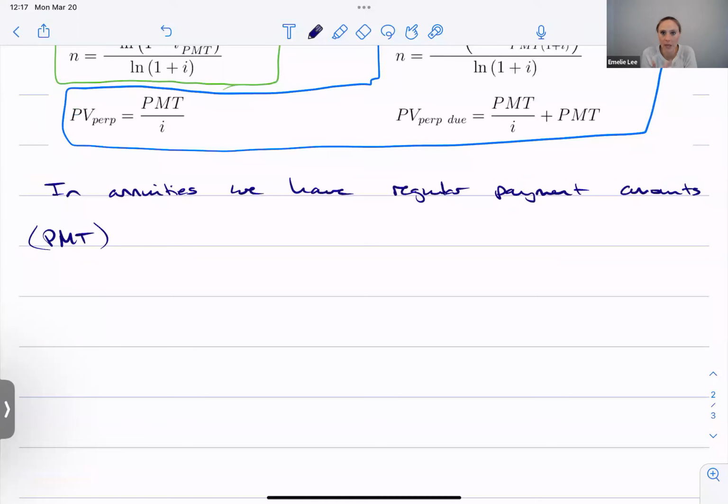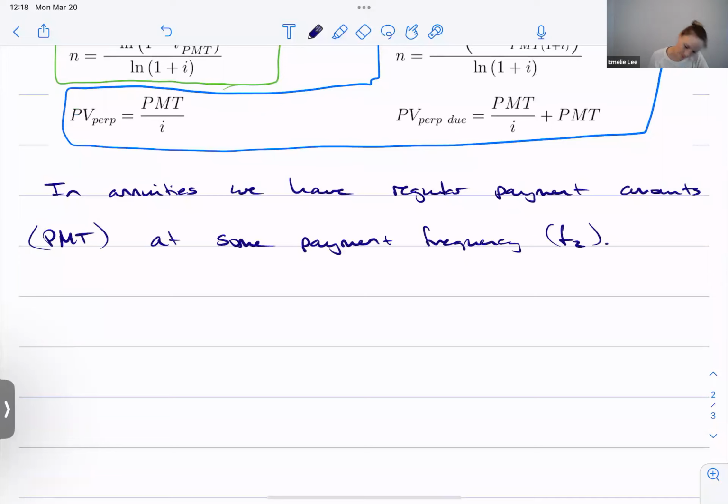So PMT is the payment amount at some payment frequency F2. Now I want you to get in the habit of calling it F2 because that's how we're going to see it in our formulas. Okay, and so that's why I want you to get in the habit of using F2. Okay, and so we have these regular payment amounts.